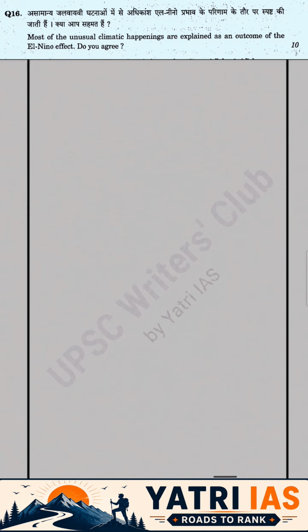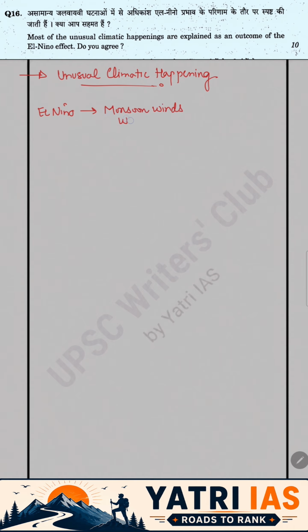Then you would go on mentioning straight away the unusual climatic happenings. And El Nino has a cascading effect. And how is it? I'll show you that with development of El Nino, you see monsoon winds weakens in India. That leads to reduction in rainfall. That leads to water supply disturbance.